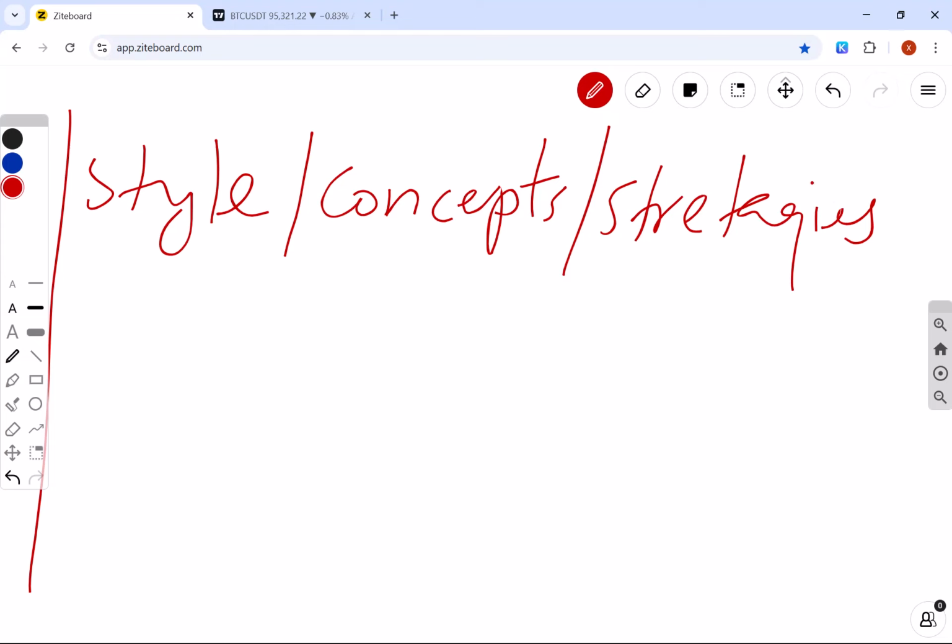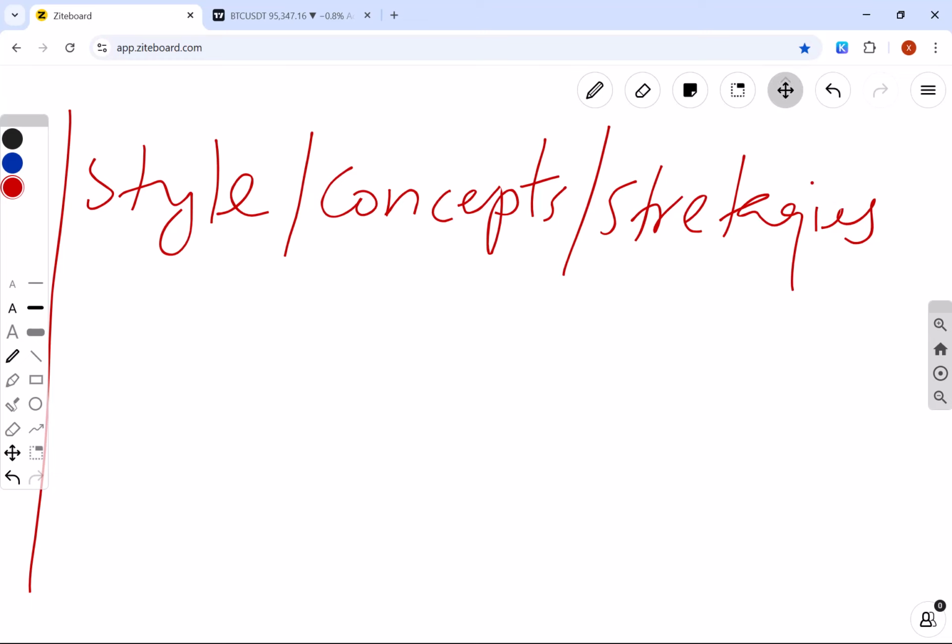So these orders or instructions are executed or triggered based on the style or the concept or the strategy you as a trader are using. Now we have different types of orders, so we are going to look at each of them and how those instructions are executed.